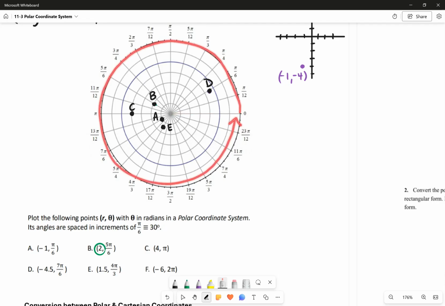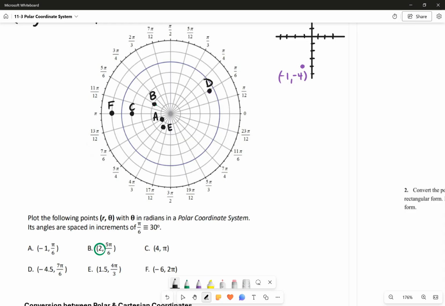Except I wrapped around on a 6. So if I'm here and it's negative 6, I need to go 1, 2, 3, 4, 5 back away from it, right? And so my dot for F would be right there.